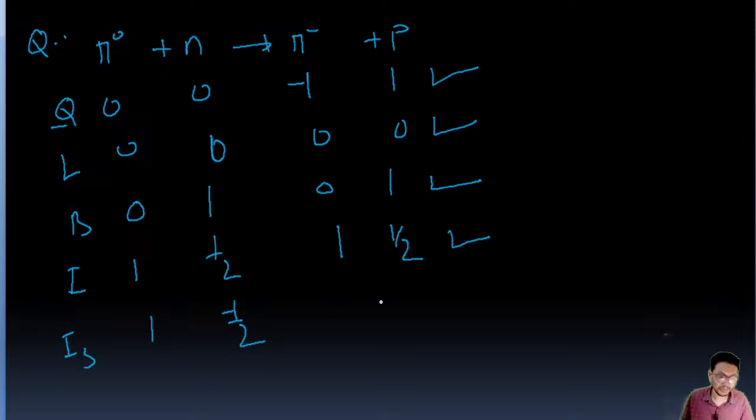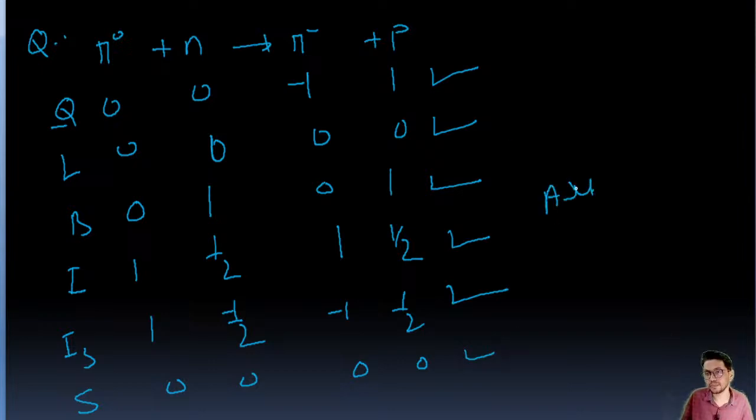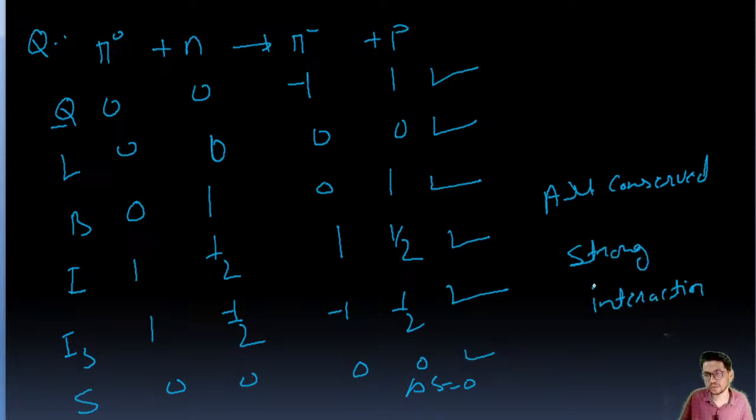I3 is 1/2, minus 1/2, conserved. And strangeness 0, 0, 0, 0, this is conserved. So all are conserved, right? Means all conserved, and delta is equal to 0, means strong interaction. Strong interaction.